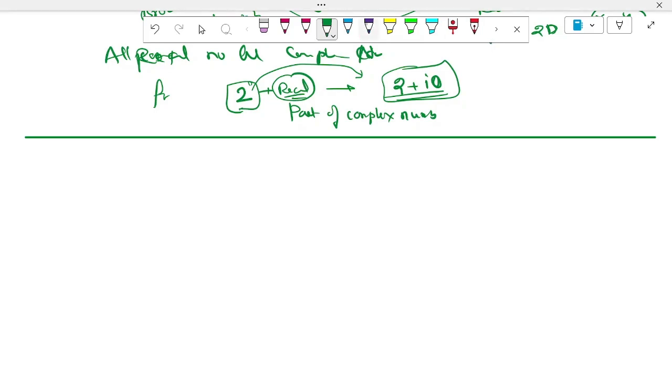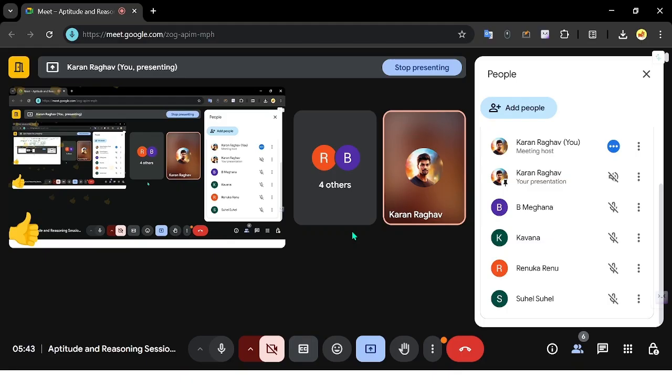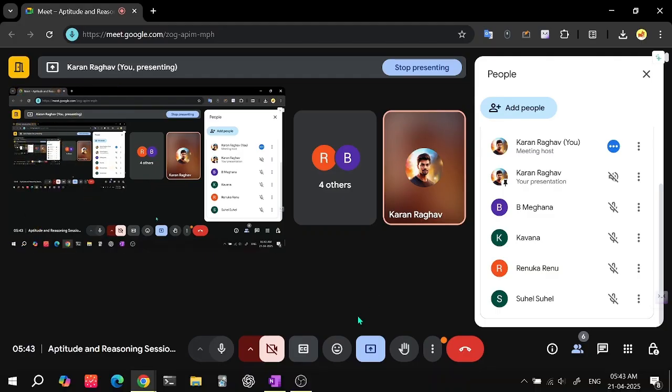Now we'll compare all the number types that we have studied. We'll draw a Venn diagram. See which is the smallest set of numbers, meaning which number set contains the smallest numbers. Can you tell me whether it is natural numbers, whole numbers, integers, real numbers?